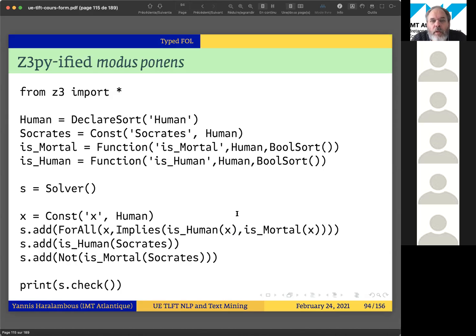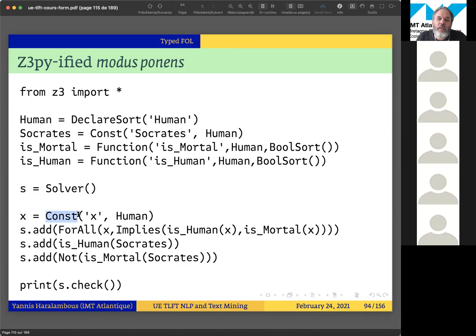And here you have the complete code in Python. I just import all classes. I declare a type, a constant in this type, a function from this type to Booleans. I instantiate a solver, a theorem prover. I instantiate a variable x of this type.